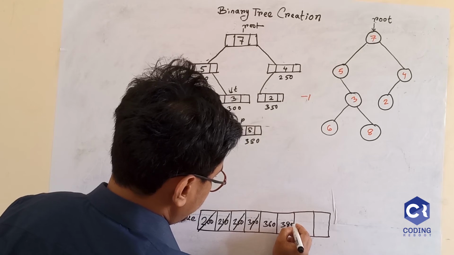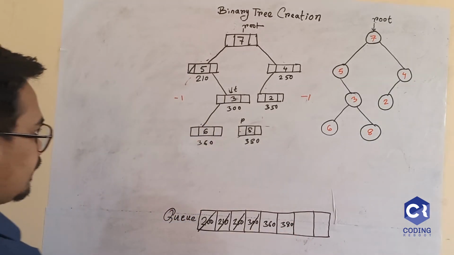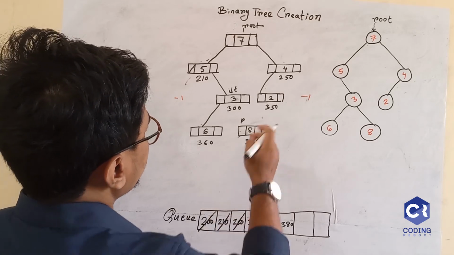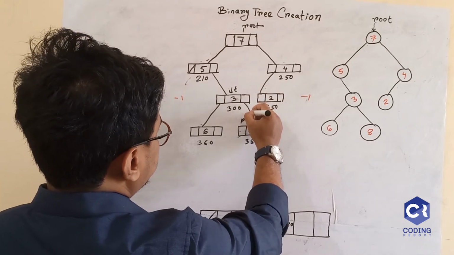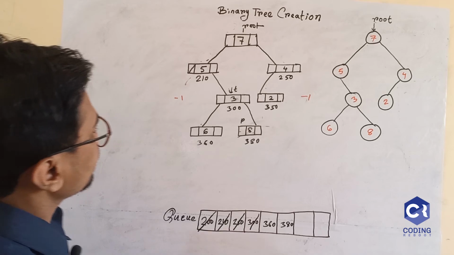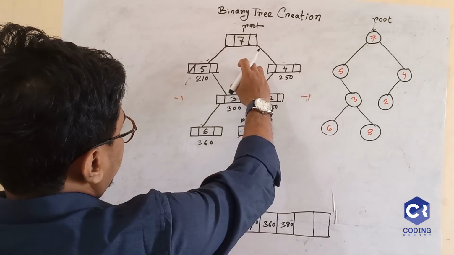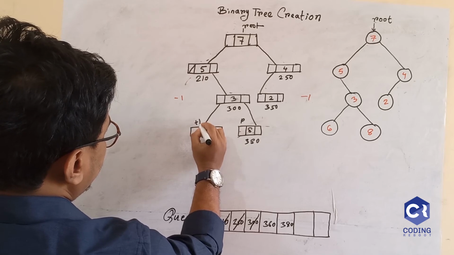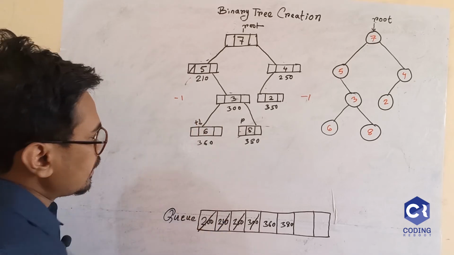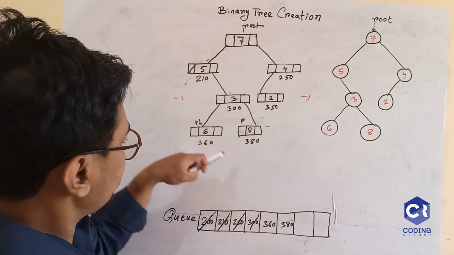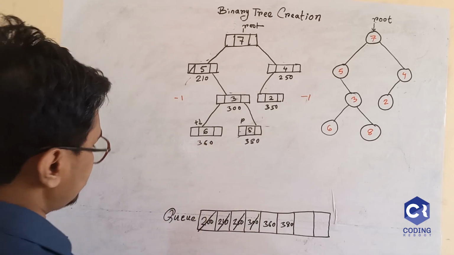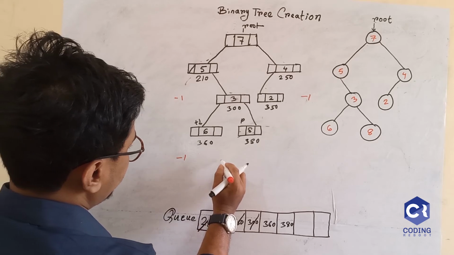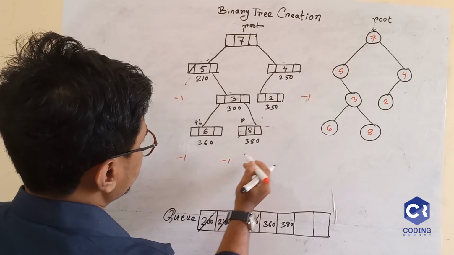We're going to insert 380 here, and now link them, and take this pointer here and ask, is there a left child or right child of 6? No, there is no left child or right child for 6, so we're going to assign them as -1, -1.